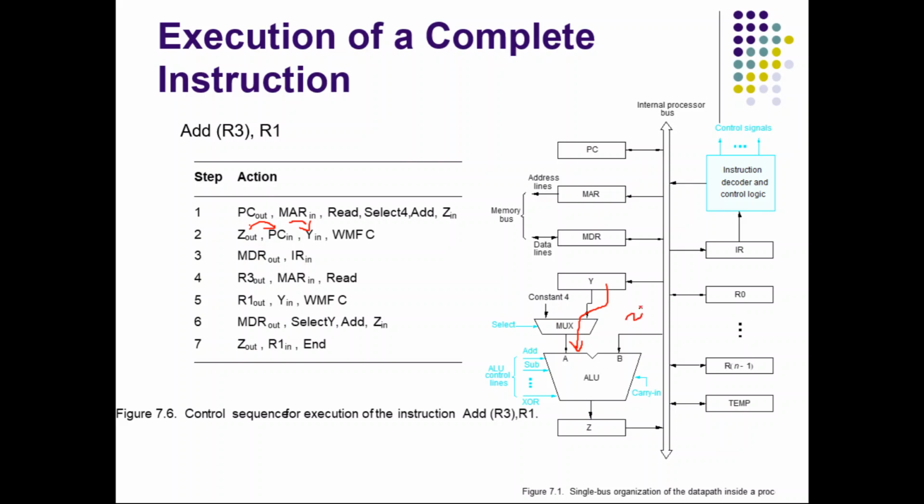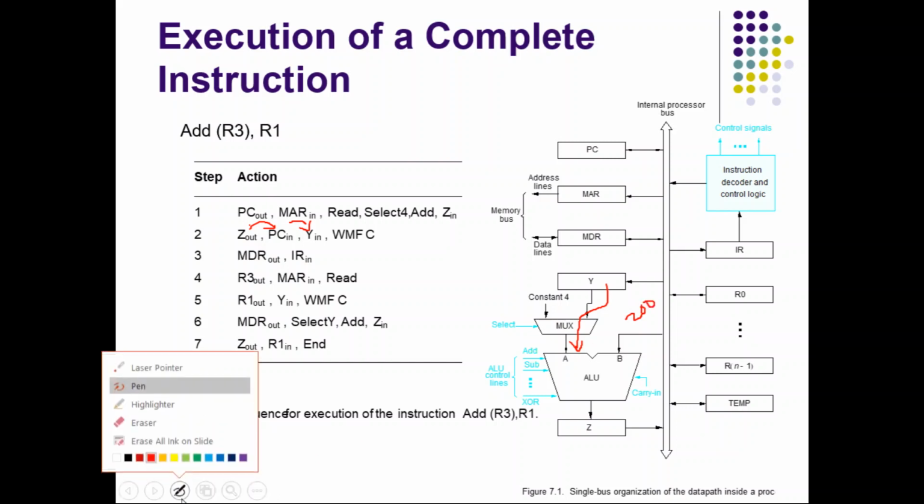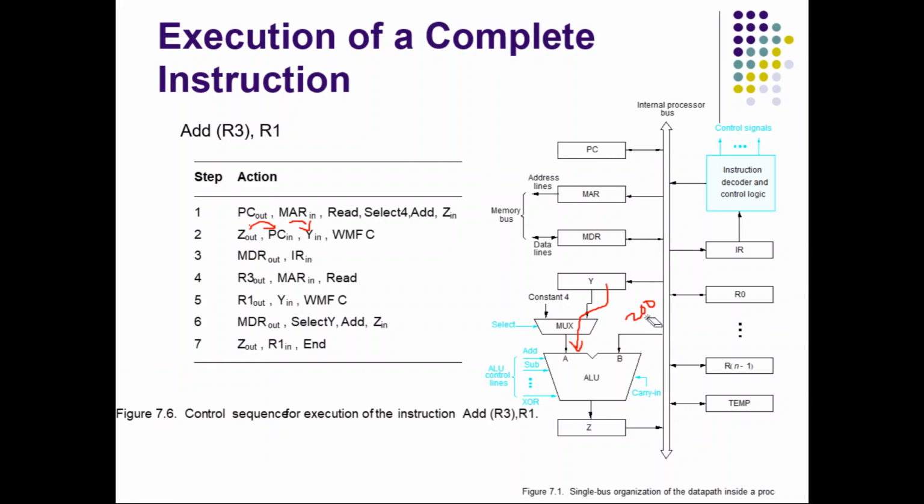So this will be 46, and through Y you are getting 2004. As a result, what you will get is 2050.